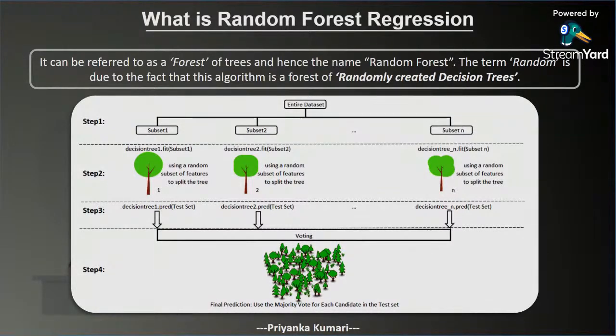We can combine the data using the mean, median, or mode, and the final output of the random forest is obtained according to the majority of voting. So we use the majority vote of each candidate in the test case to get a final result. This is how the random forest regression works, and it uses the technique known as bagging.